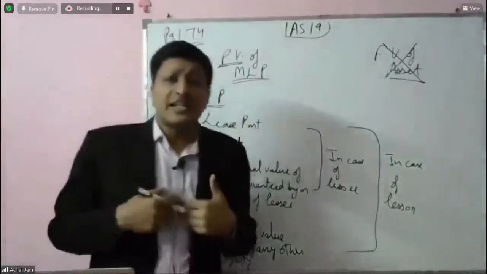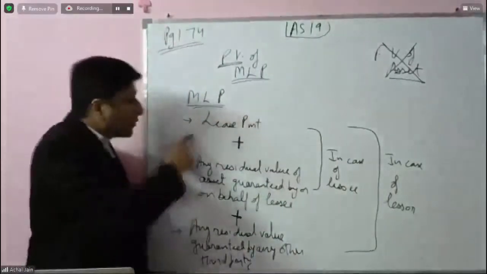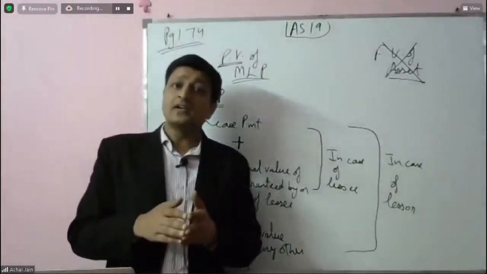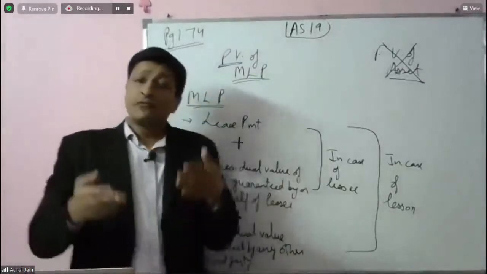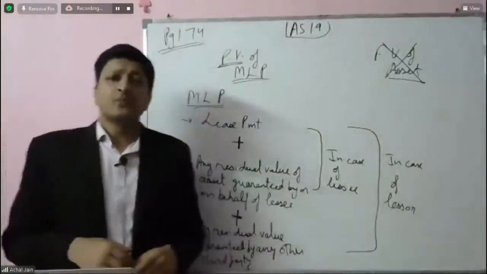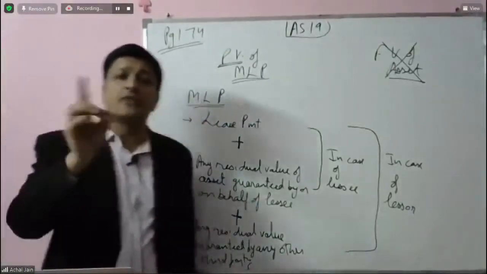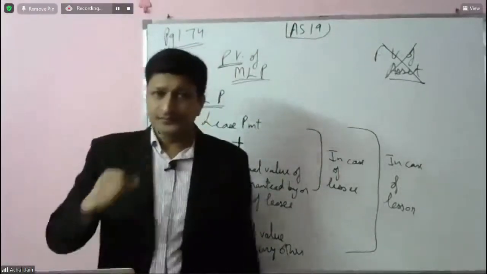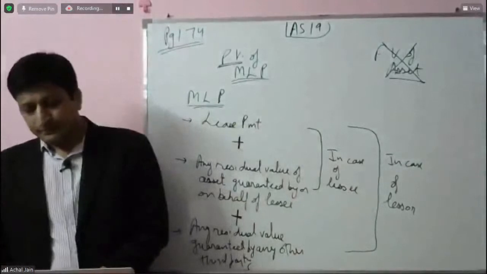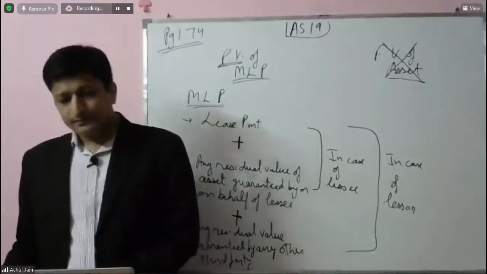No. For a lessee, what matters is something which is guaranteed by the lessee only. But if any residual value is guaranteed in relation to that car, will that matter to the lessor or not? Of course, you will get the money. So that's why you will consider this only for lessor but not for lessee. Clear?